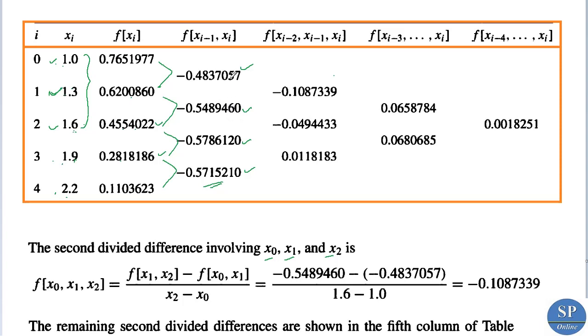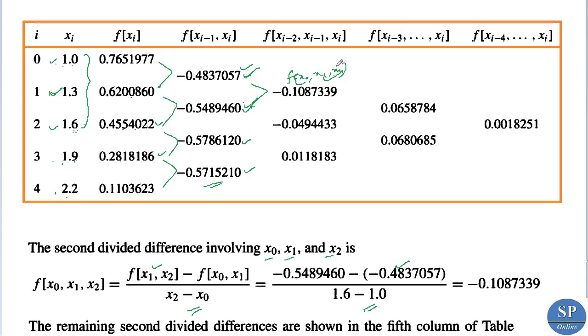That is this minus this divided by 1.6 minus 1.0: f of x1 x2 minus f of x0 x1, that is minus 0.548940 minus this, divided by 1.6 minus 1.0, that is x2 minus x0. So simplifying that we'll get f of x0 x1 x2.